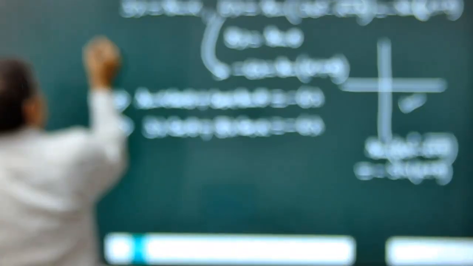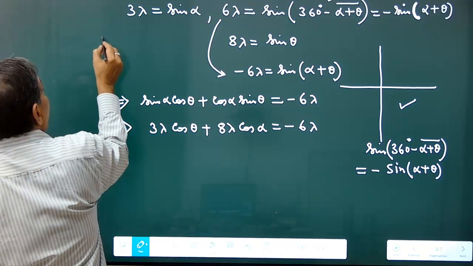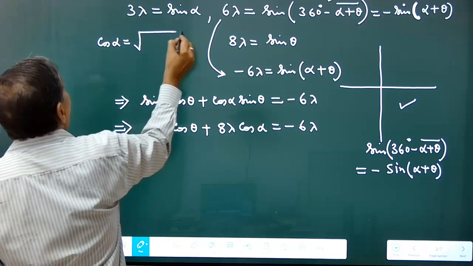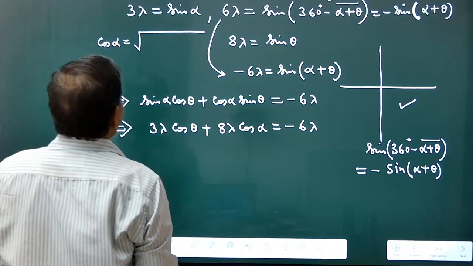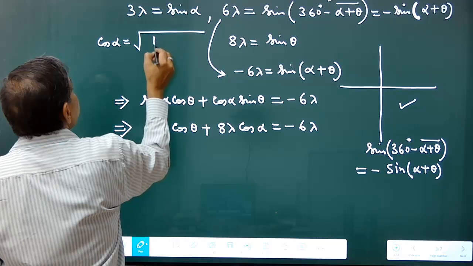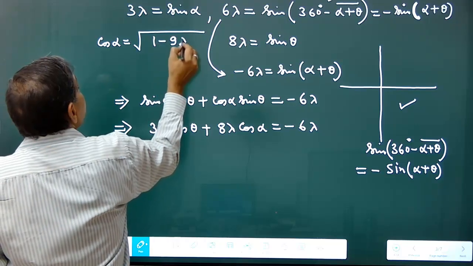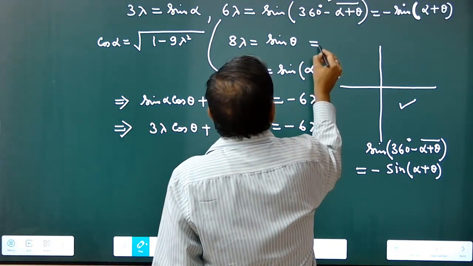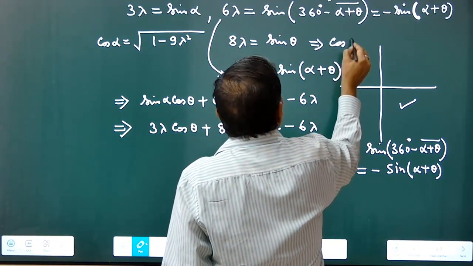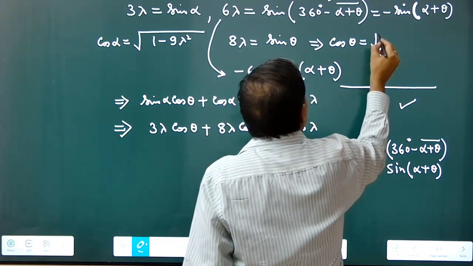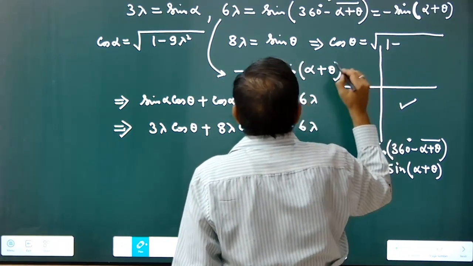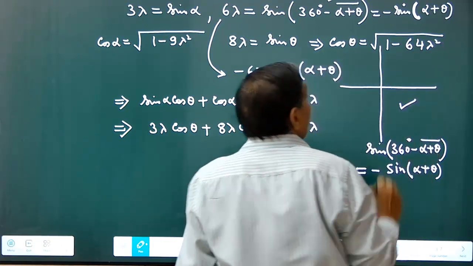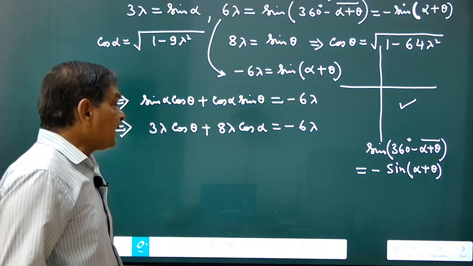We can write that cos alpha will be equal to under root of 1 minus sine square alpha, so under root of 1 minus 9 lambda square, and from this I can write cos theta is equal to under root of 1 minus sine square theta, means 1 minus 64 lambda square. Correct?